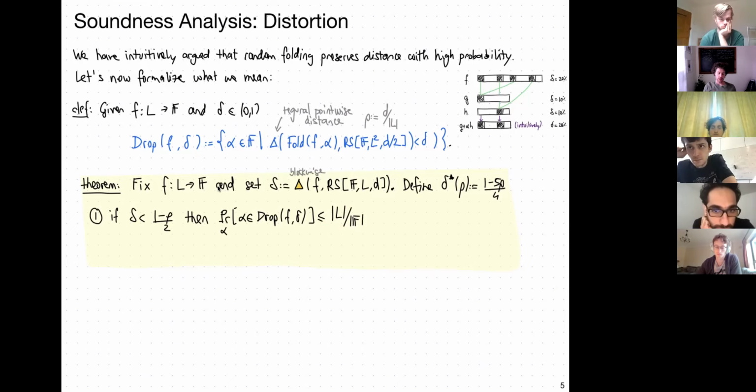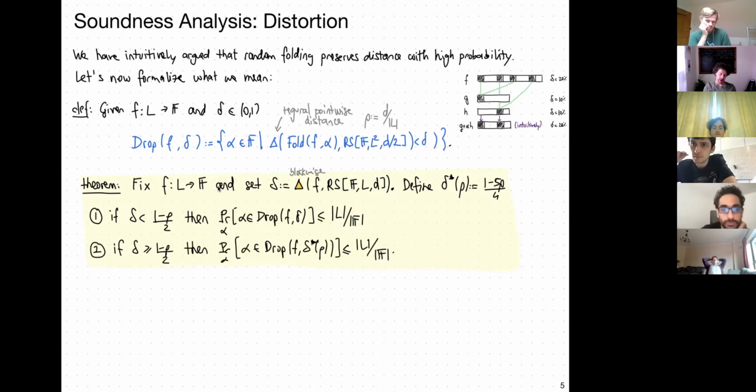Think about |F| being 1 million times L. So it's a probability of 1 over a million of getting this kind of thing. So this tells us that within the unique decoding radius, only a very small fraction of the random elements alphas according to which we fold would lead us to lose distance.